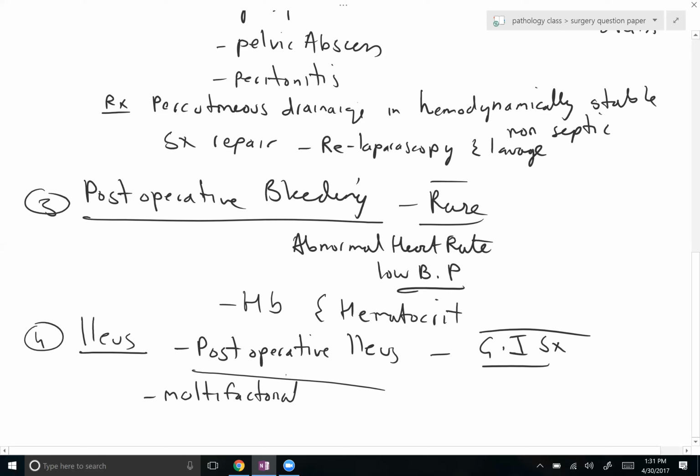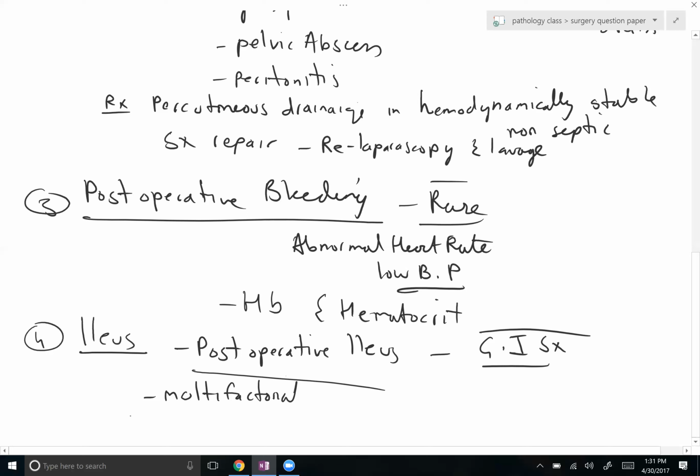We should use narcotics very carefully, along with NSAIDs and placement of a thoracic epidural with local anesthetic. All these can be used in the treatment of paralytic ileus.